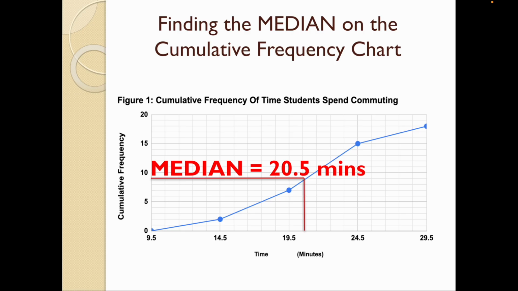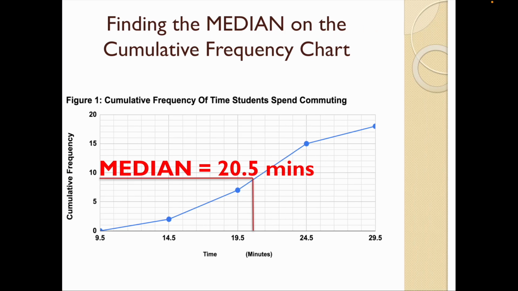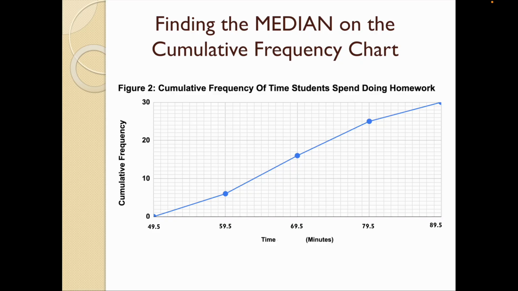All right, y'all got it? Y'all get a median drawn? Okay, so try it for this one as well. How high did this one go? What was the highest value? This was a cumulative frequency that we did earlier. So what number should we be drawing from on the y-axis and coming across? 15.